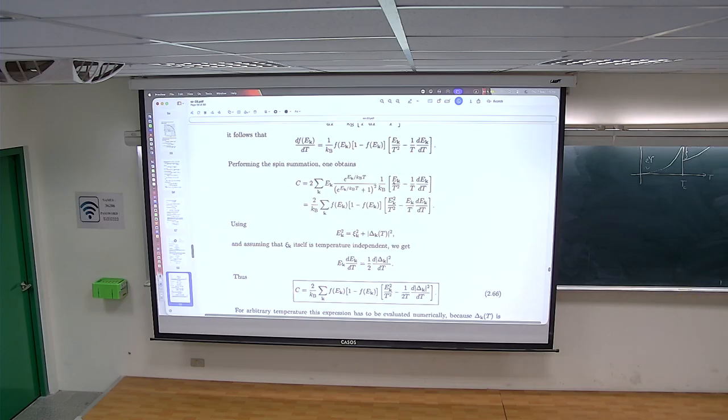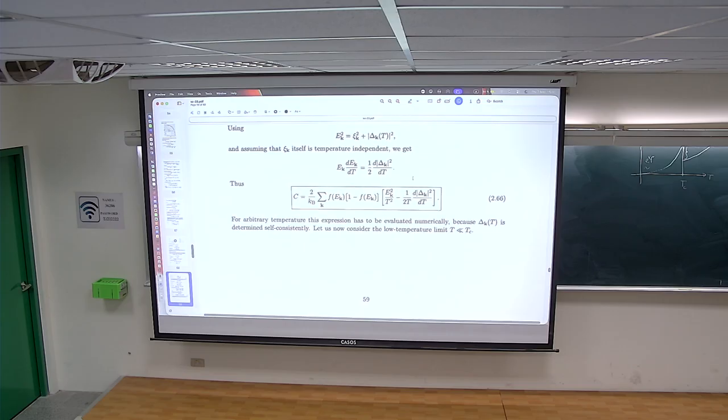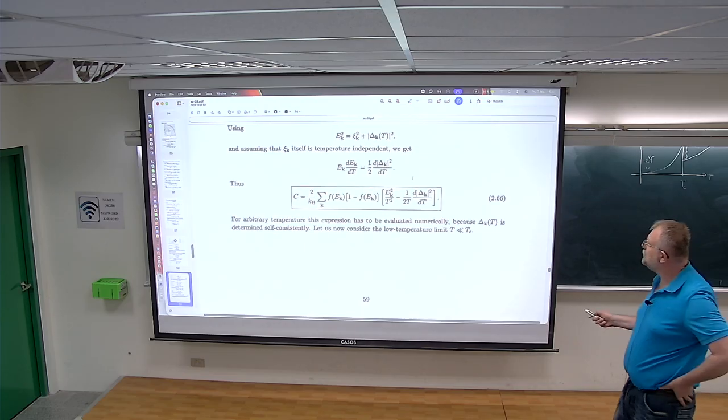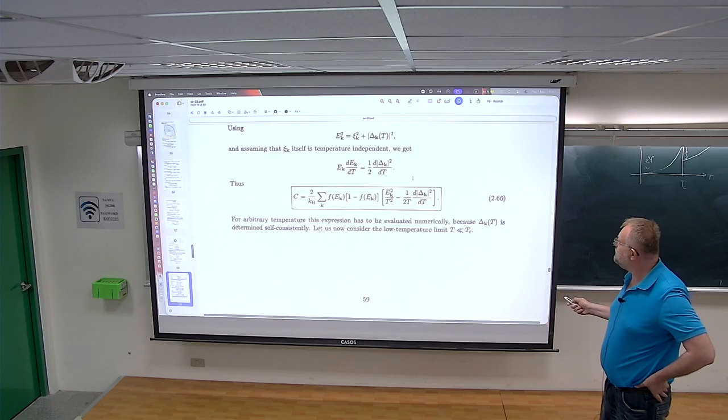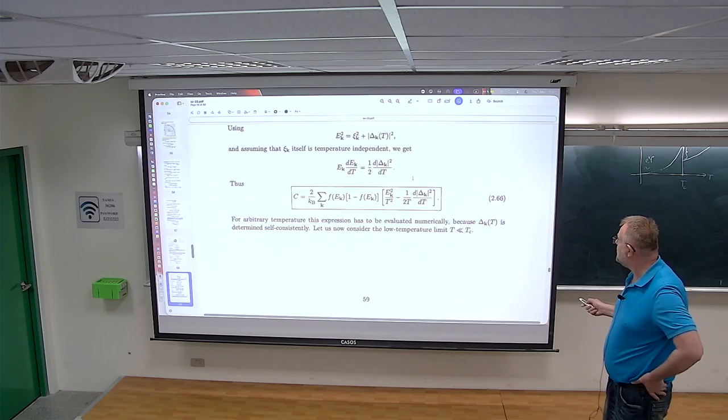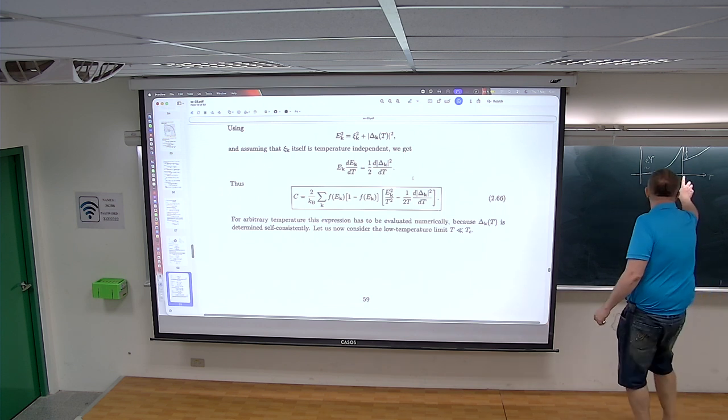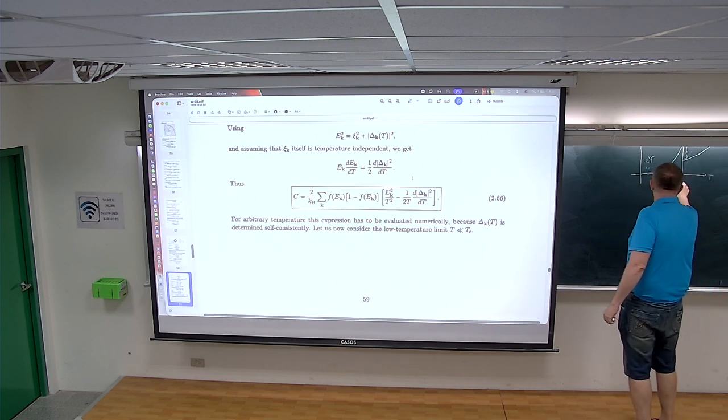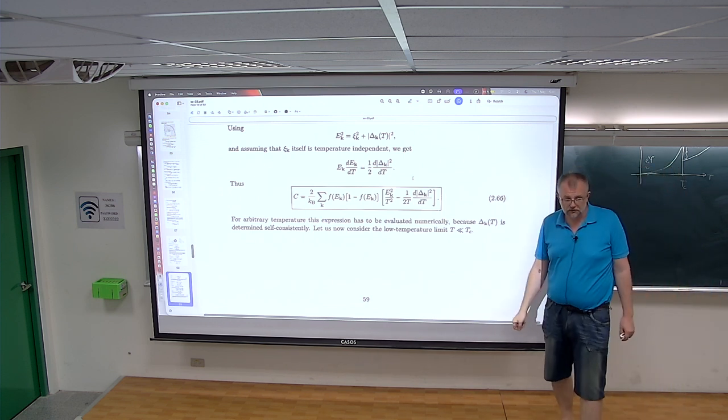Good. So we got a, let's say, complicated expression. And now I will consider the 2 limiting cases. I will solve this equation for the temperature very close to 0, which means far, far away from T_C, so somewhere here, and then around the T_C.